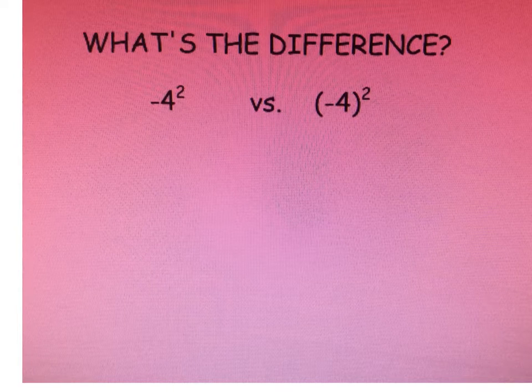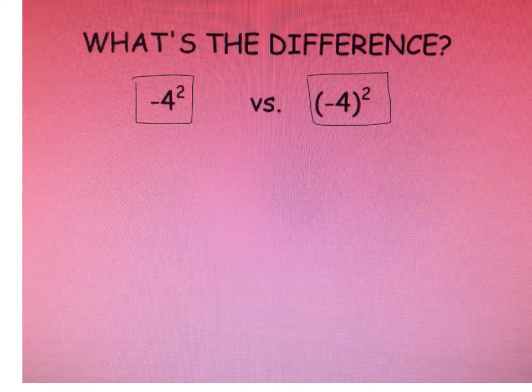In this case, I've got two things that look very similar. I have negative 4 squared, and on the right, I have quantity, negative 4 squared. When I say quantity, what I mean is the negative and the 4 are in a bracket, so they are considered to be just one entity, just one item.